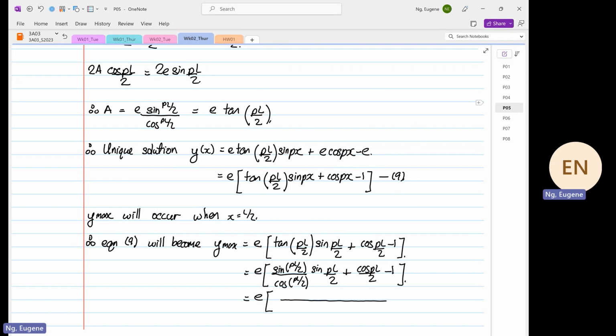Okay, so the common denominator is cos, small pL over 2, right? So this will be equal to sine squared pL over 2 plus cos squared pL over 2.